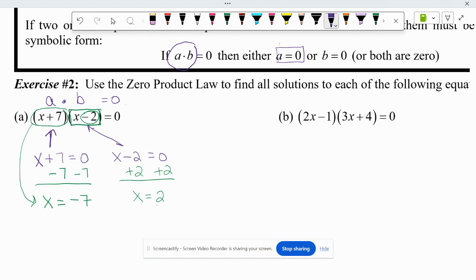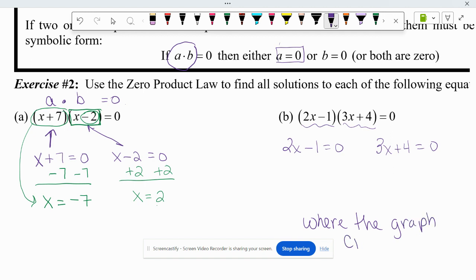So now we're going to use these two factors, and we're going to set them each equal to 0. So 2x minus 1 equals 0, or 3x plus 4 equals 0. We're finding the roots. This is telling us where the graph crosses the x-axis. Okay?